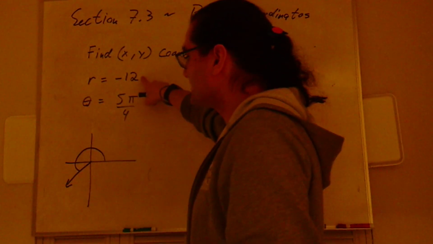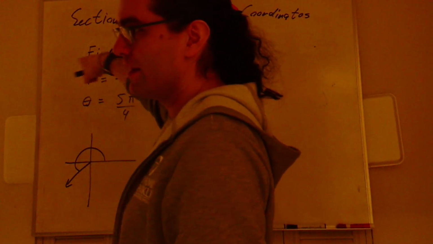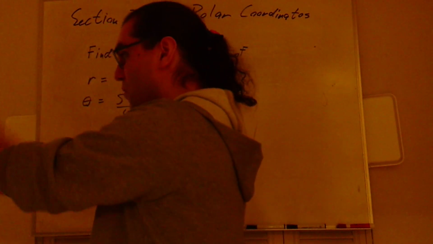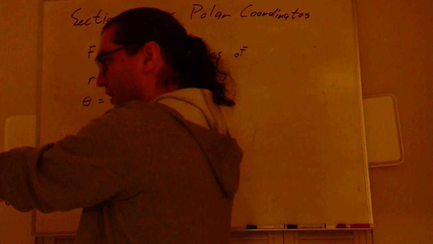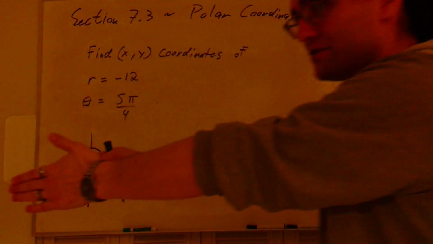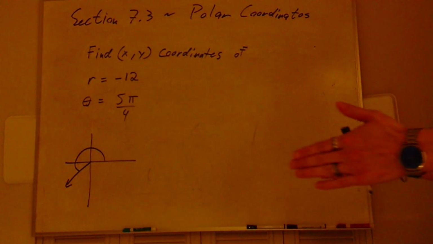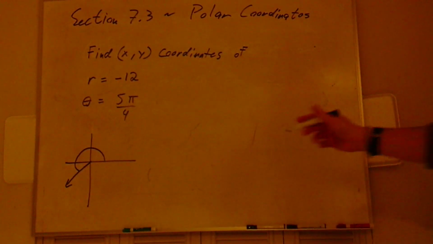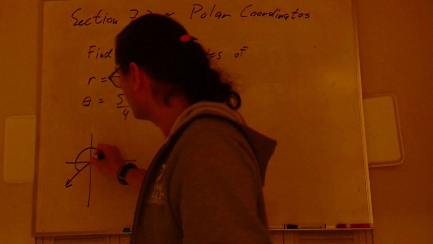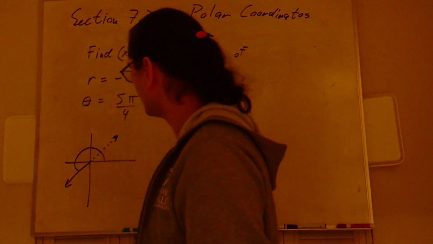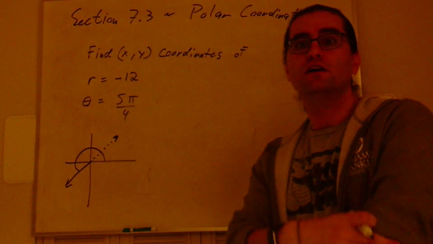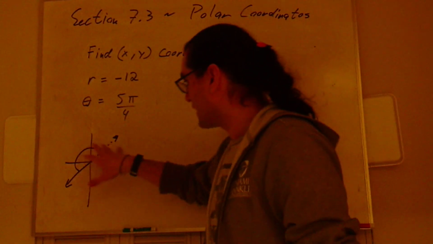If our radius is negative, that means we're going to face quadrant 3 and walk backwards, which would put us into quadrant 1. So this is what that means theoretically.